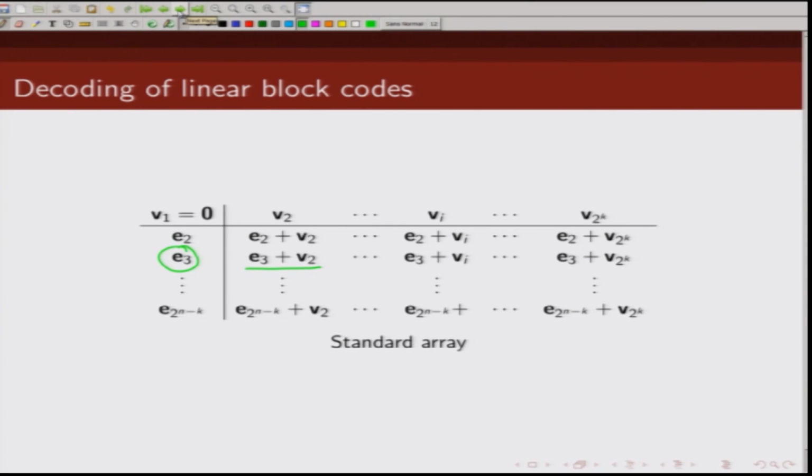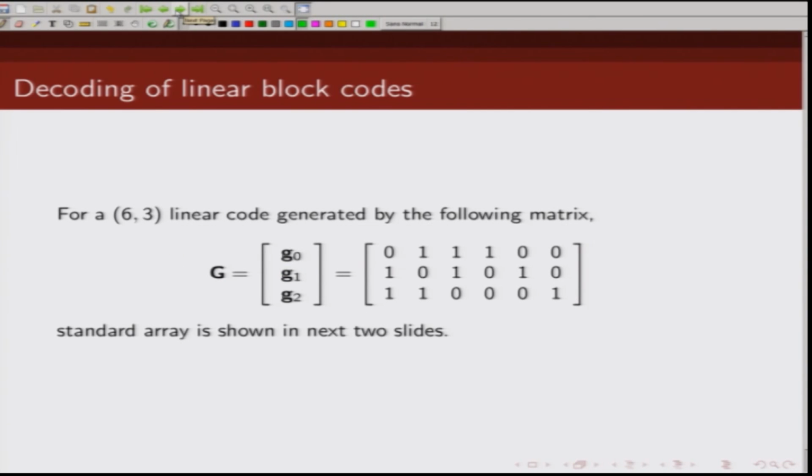Next we pick up an element, an error vector which has not happened in any of the previous rows and then we add that error vector to each of the elements of these code words and put the new element under the same column as that code word and we continue doing that until we have put all the possible vectors in this array. So, let us look at a 6-3 linear block code whose generator matrix is given here.